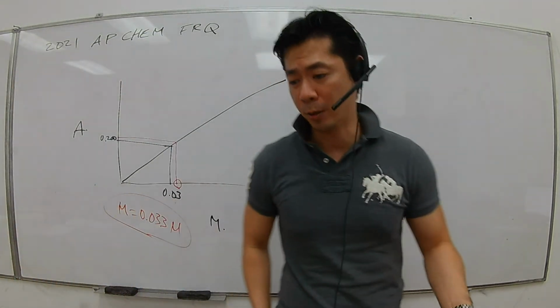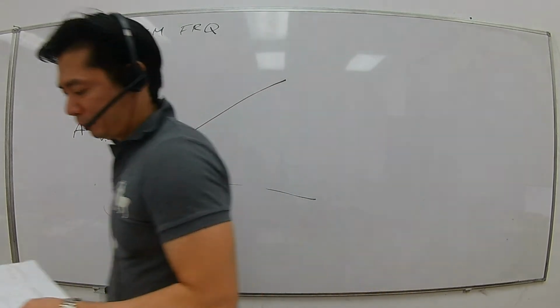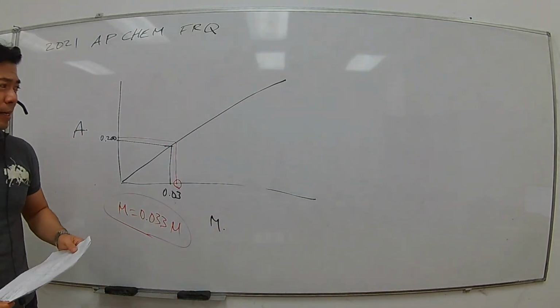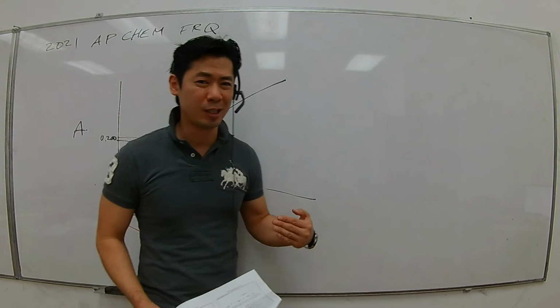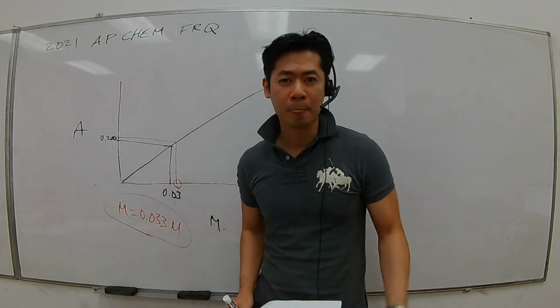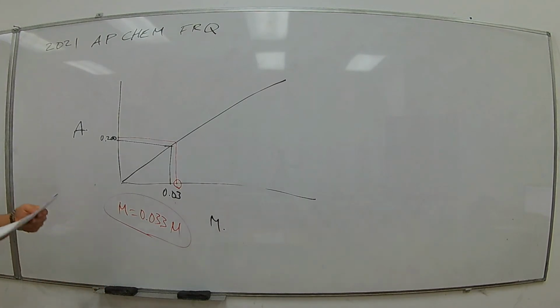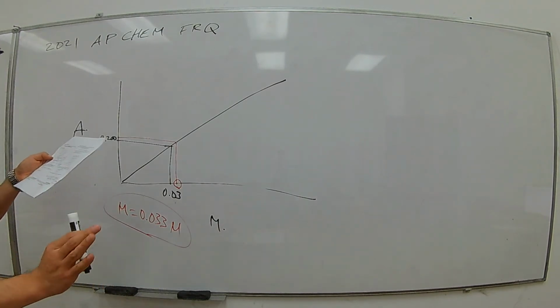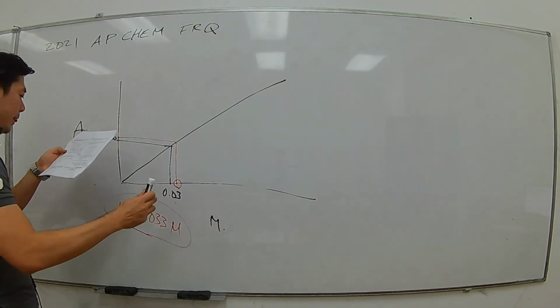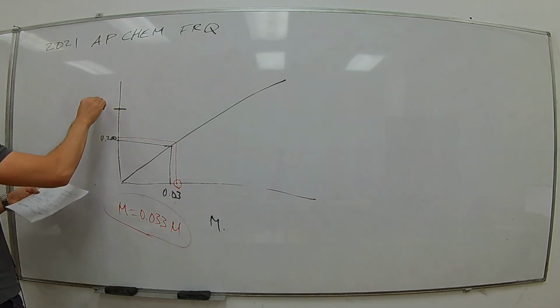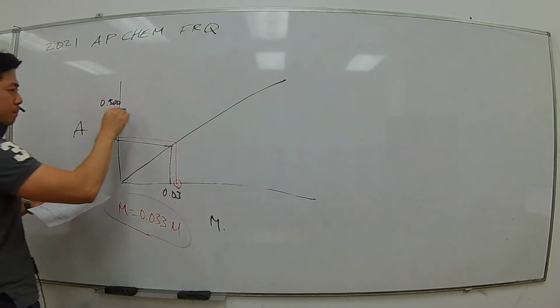That's one way of solving this question for the molarity of the solution, based on the estimation from the graph. If you want to be more accurate, you can use the absorbency equation, which is Beer's law, and estimate the concentration based on the absorbency provided here. So I chose a point around 0.5 absorbency.